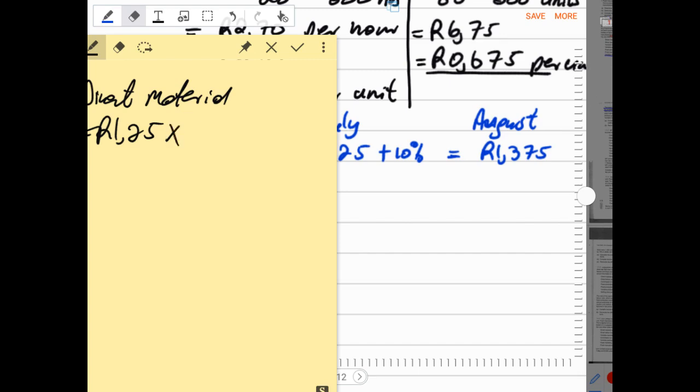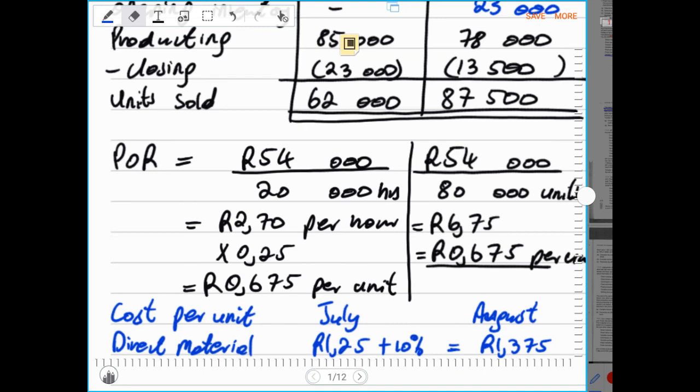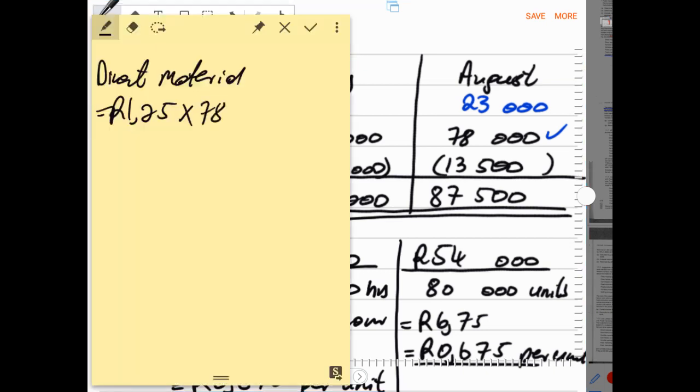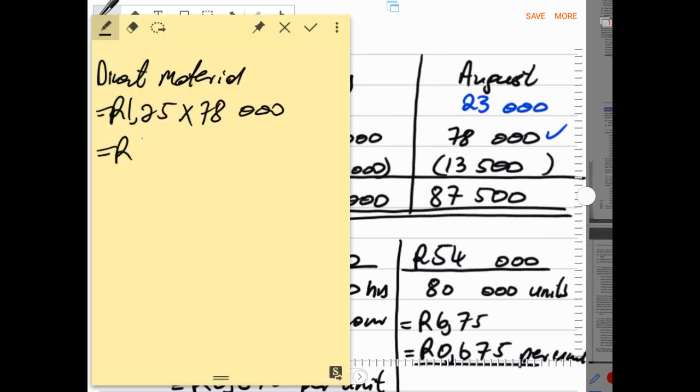Then we times this by the production of August, because it is the same. Production of August is 78,000 units. So the total direct material cost is 78,000 times 1.25, and this will give us 97,500.